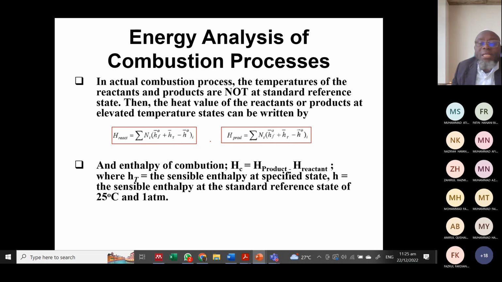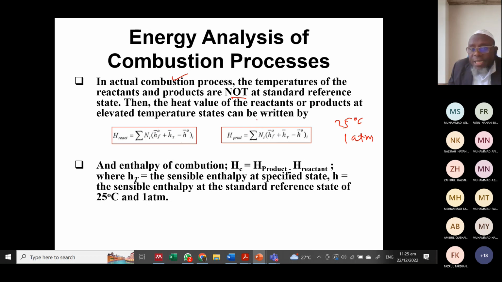Standard reference state implies the property of that fuel or substance at 25 degrees Celsius and 1 atmospheric pressure. You understand me? But here we are saying that in an actual combustion process, the temperatures of the reactants and the products are not at standard reference state.